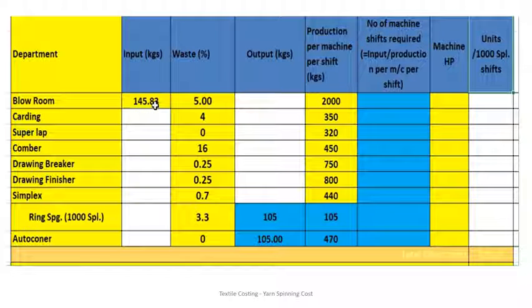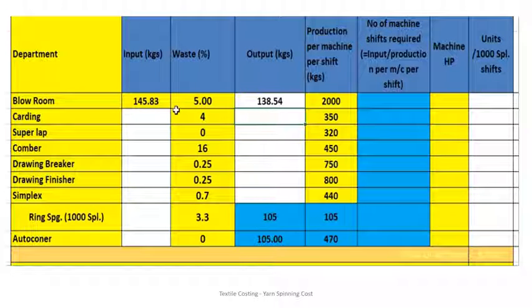So let us go for this particular GPS. We know the input, and from the waste percentage we can calculate the output, which is input minus input into waste divided by 100. So input minus waste is your output.